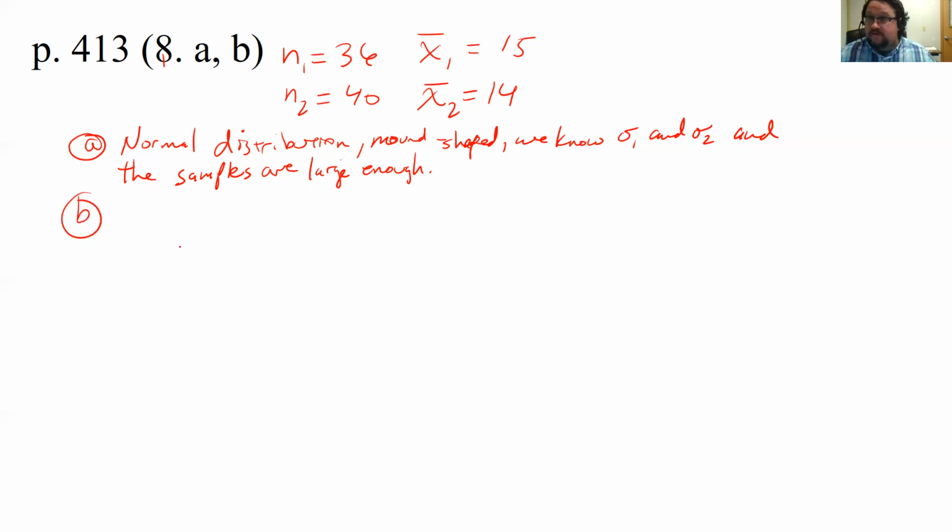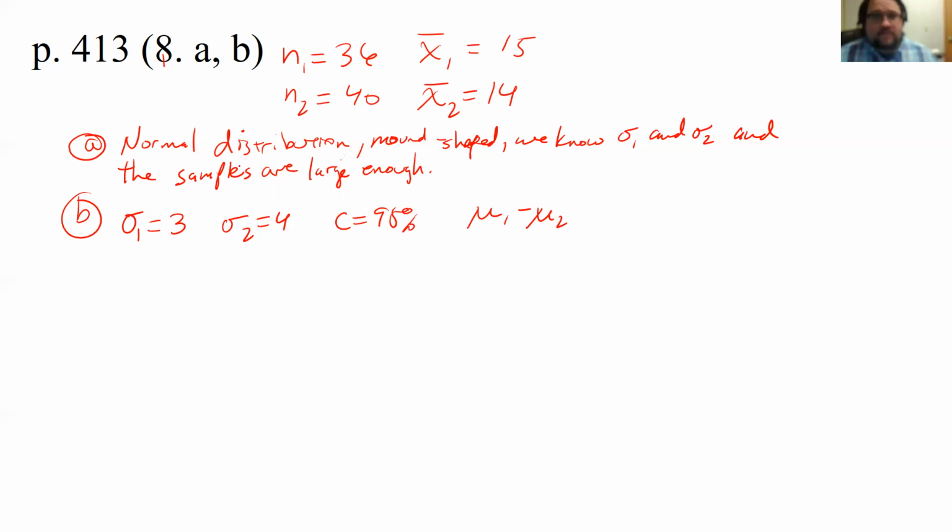Let's see, and we're going to use the z values. All right. Given that the standard deviation for the first one is 3, and the standard deviation for the second one is 4, and we have a confidence level of 95%, we want to construct our confidence interval for this difference in means.